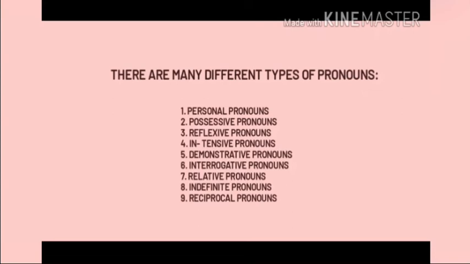Eighth, indefinite pronouns are pronouns that are used in reference to a person or thing that is not specific or not known. Indefinite pronouns are also used to identify a general group of people or things: everyone, everybody, anyone, anybody, somebody, most, all, each, every, some, none, one, few, both, many, several.